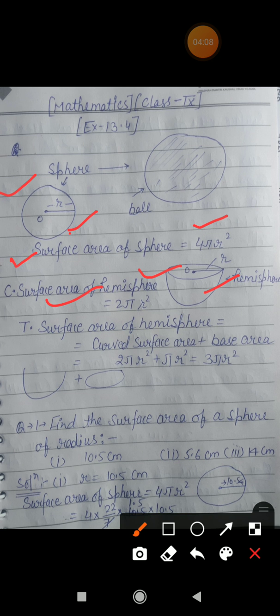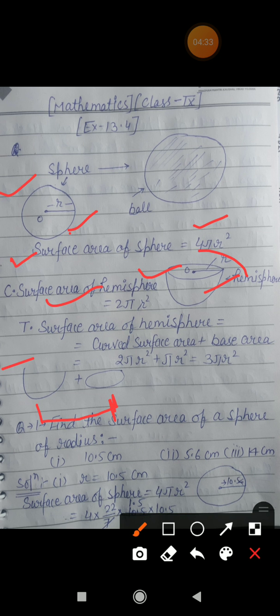Here we have to explain two things. In a sphere there is only the surface area, but in a hemisphere it has two kinds. First is the curved surface area, second is the total surface area. And the total surface area is made of the curved surface area plus the base of the hemisphere.